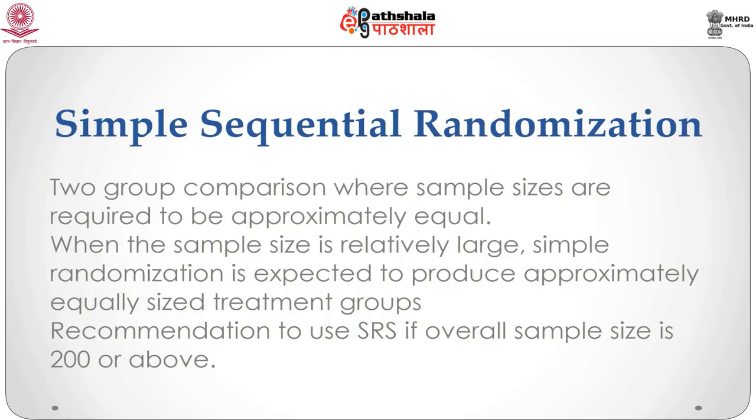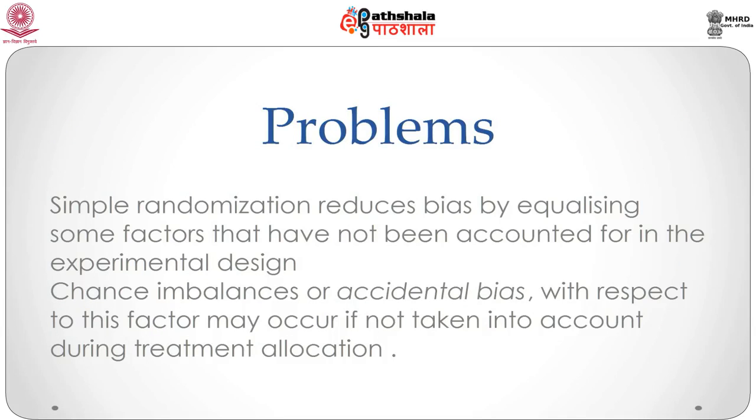So, a possible problem with simple randomization is that simple randomization in principle will reduce bias by equalizing on factors that have not been accounted for in the treatment design. So, say for example, if gender is an important factor, in the long run we would expect that on average the gender distribution is similar in both groups.